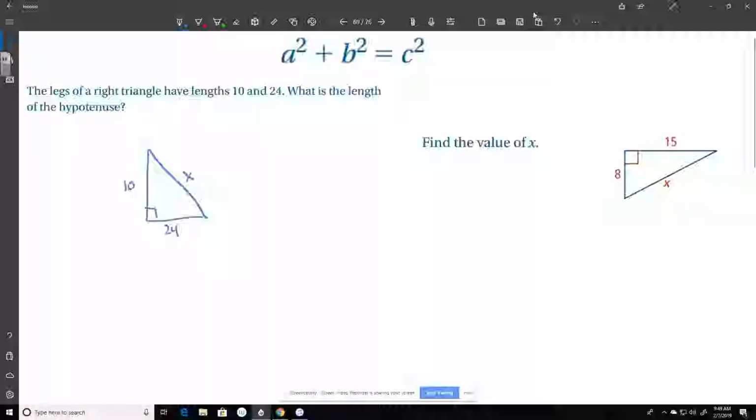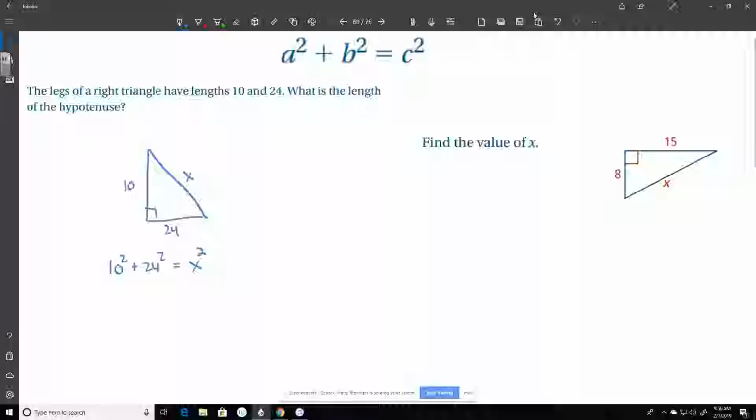So I'm looking for this length here, and I'm going to use my Pythagorean theorem formula up here: a squared plus b squared equals c squared. All I do is plug in these two sides for a and b. So 10 squared plus 24 squared equals x squared. Do not forget the squared. Don't put that they just equal x.